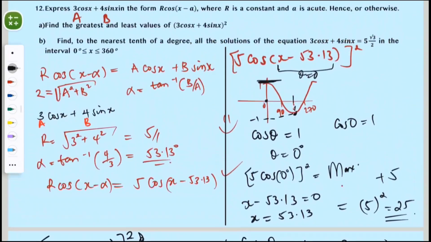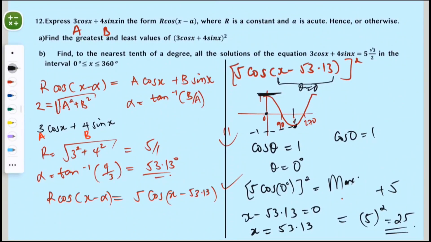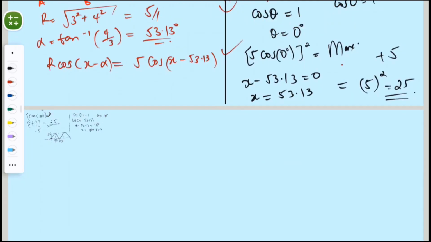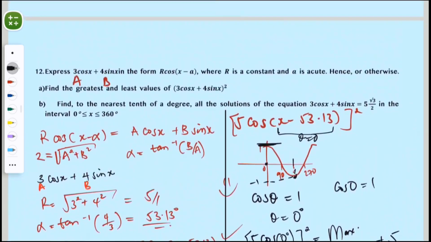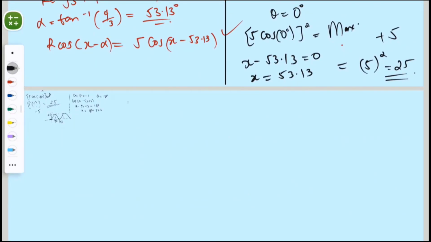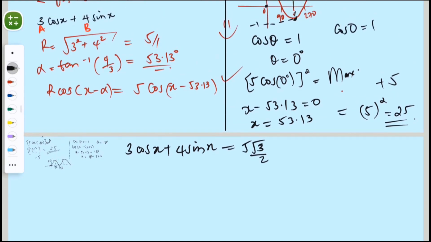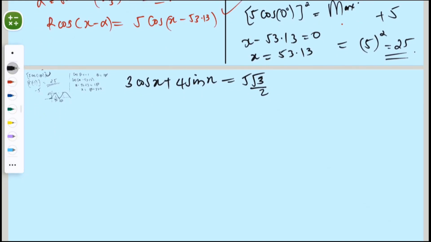So the next part of the question says find to the nearest degree all the solutions of this in the interval. Okay, so the solutions of 3 cos x plus 4 sin x equals 5 root 3 over 2. I'm just going to replace this with its equivalent right here.